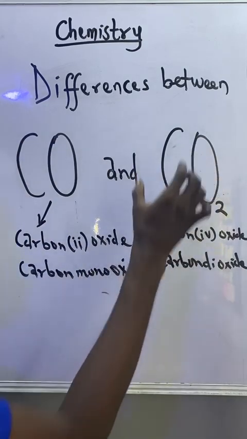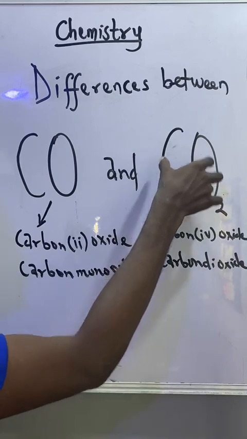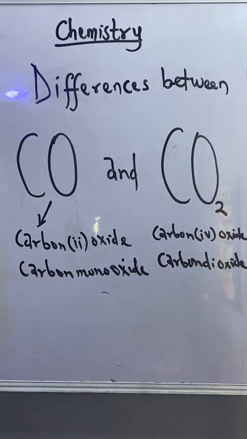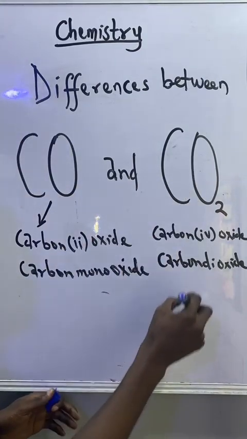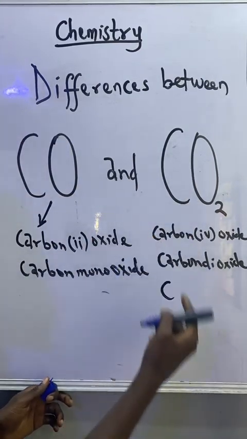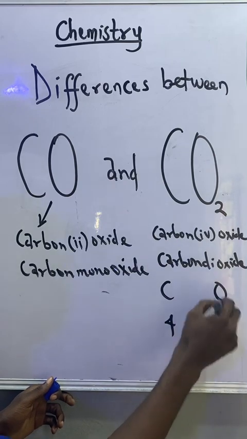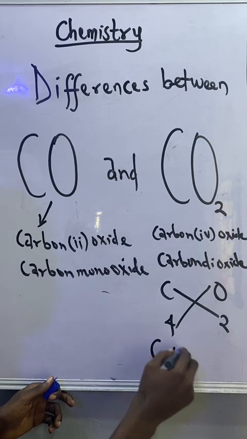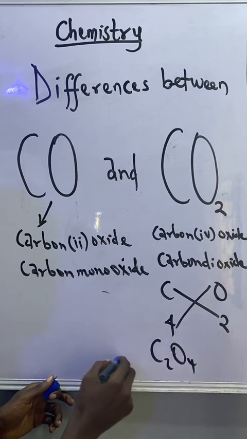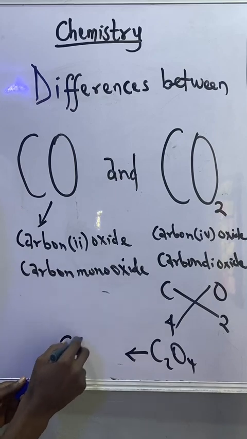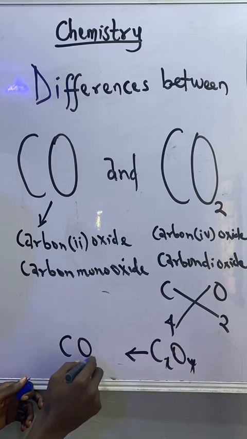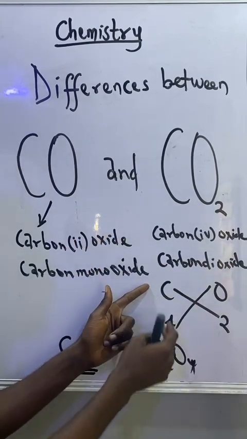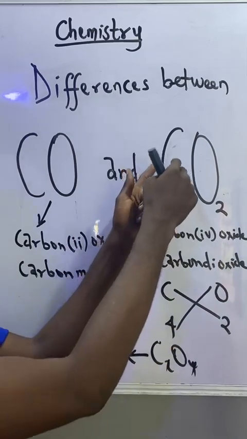Now, I'm sure that you already know the reason why we call this carbon 4 oxide and carbon dioxide. But let me explain. Whenever carbon makes use of the valency 4, and oxygen valency 2, when we cross multiply, we have C2O4. We can reduce this to the lowest term to give us CO2. That's why we have carbon 4 oxide, because we have made use of the valency 4 for carbon.